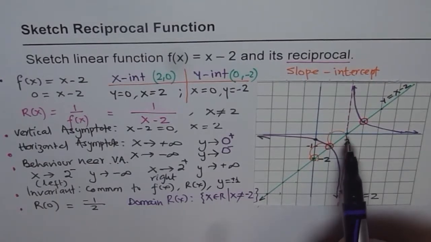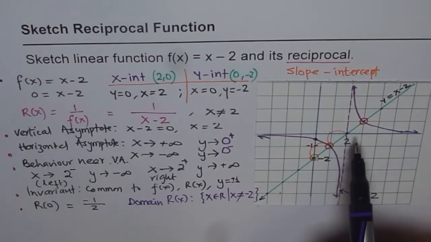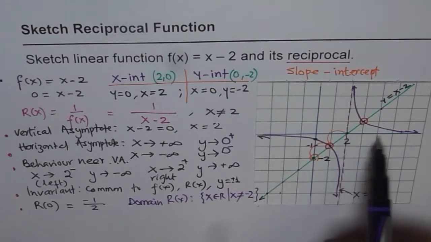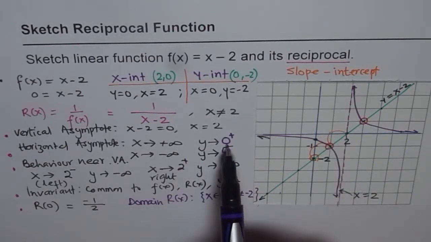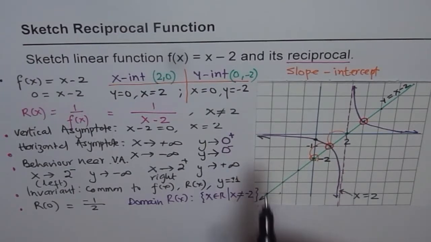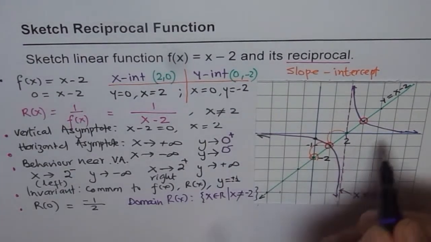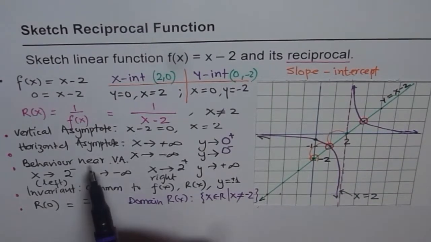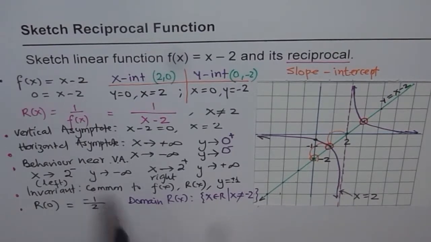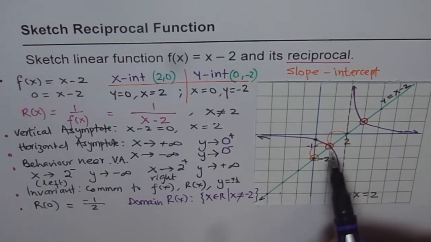Second important thing is the end behavior. As x approaches an infinitely large value, whether positive or negative, y approaches 0. So that gives us a horizontal asymptote. So we can also draw a dotted line here, signifying that we have a horizontal asymptote at y equals 0. Third, we have to check the behavior near both the asymptotes, horizontal and vertical.